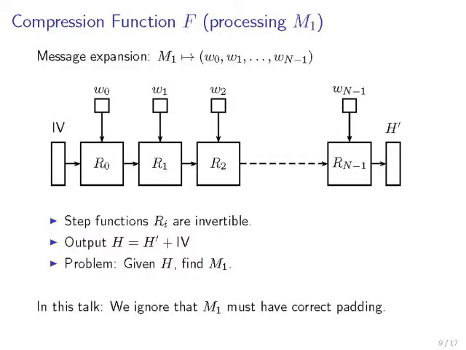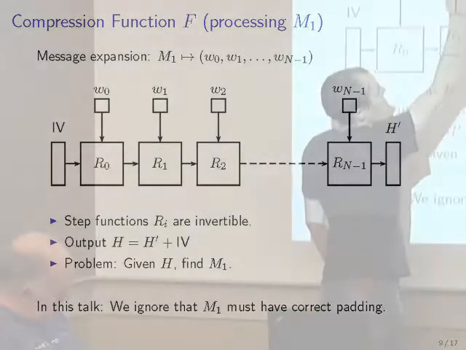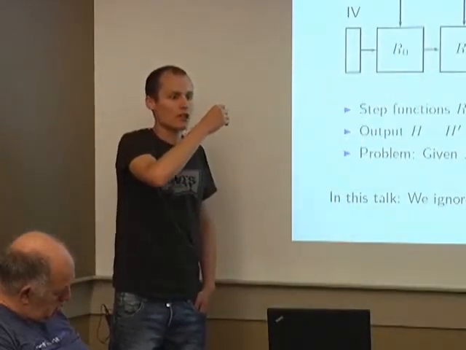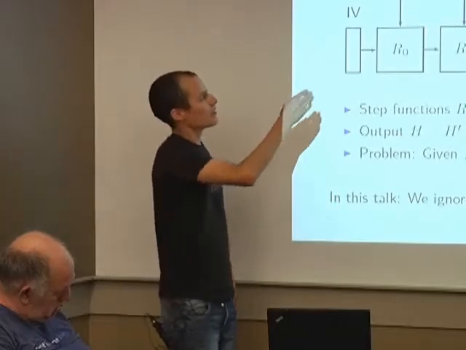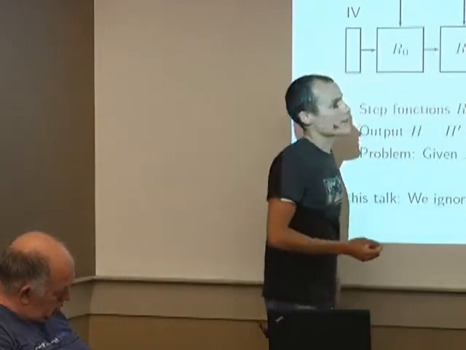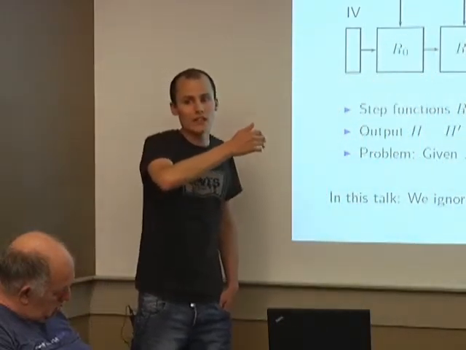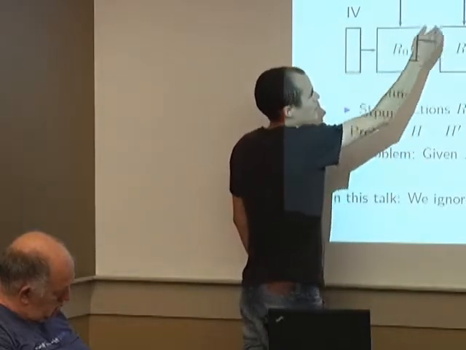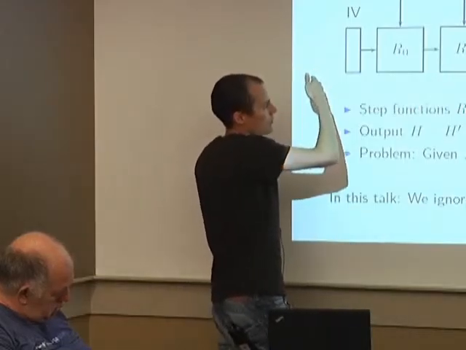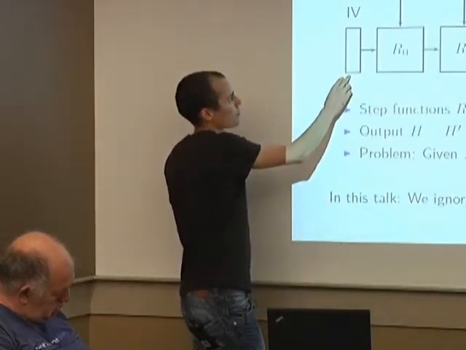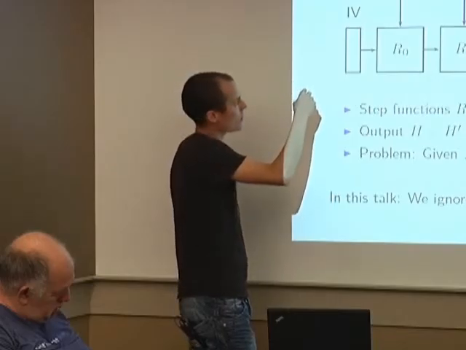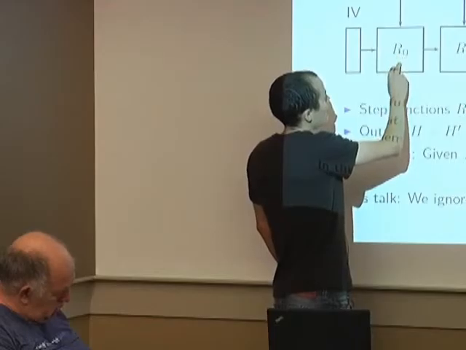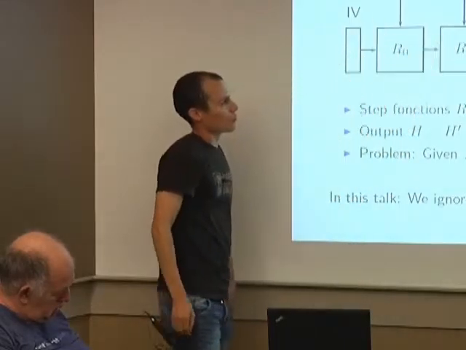It works like this. The message block is expanded in some way to a sequence of message words. For SHA-1, this sequence has length 80. So we produce 80 message words, and each message word is used in one step. We proceed then in 80 steps, starting from the IV for the first application of the compression function, and then we apply these step functions, every step function depending on one message word.